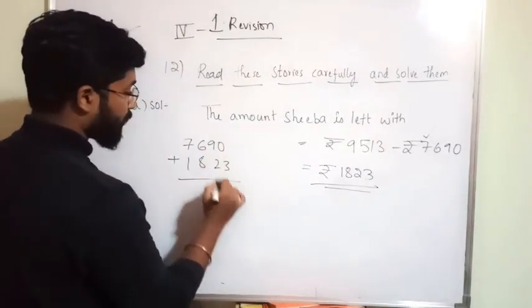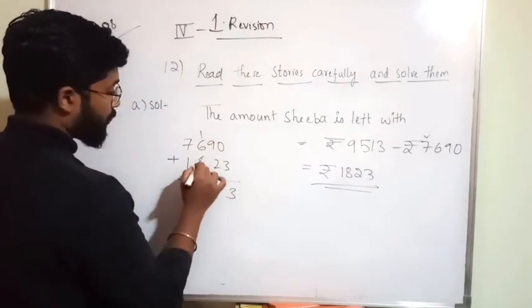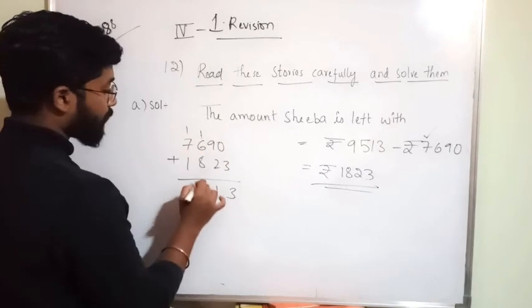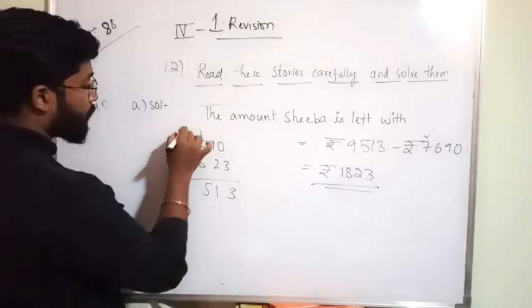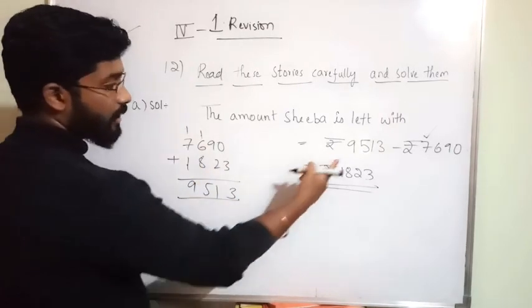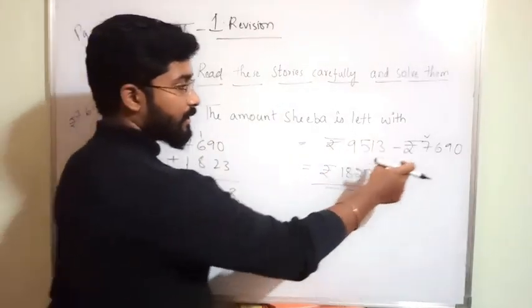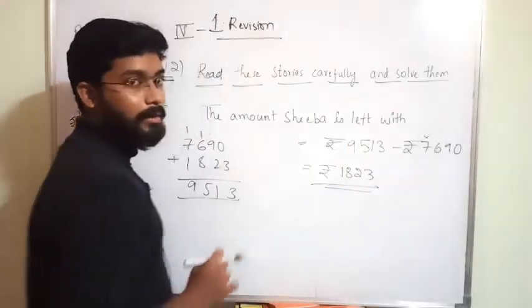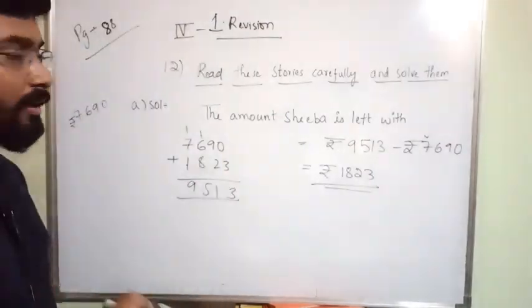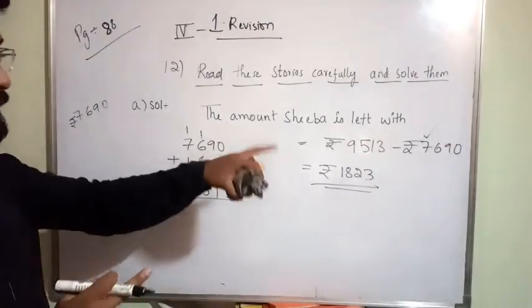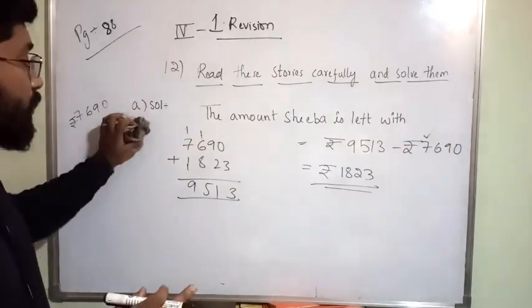0 plus 3 is 3, 9 plus 2 is 11, 8 plus 1 is 9, 9 plus 6 is 15, 7 plus 1 is 8, 8 plus 1 is 9, 9513. Did you get that bigger number? If you add the difference and the lesser number, you should get the bigger number. If you get that answer only, it is correct, or else you have made some mistake.